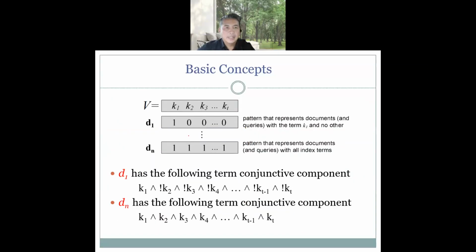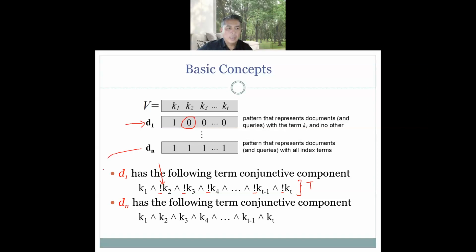So for example, like this, if this is your document, the conjunctive component of your D1 will be K1 and not K2 and so on. All of these are negated because the value is 0, so the expression must be true. That's why you put the not, because this is 0.